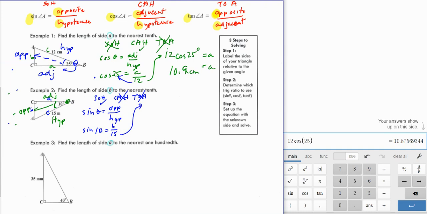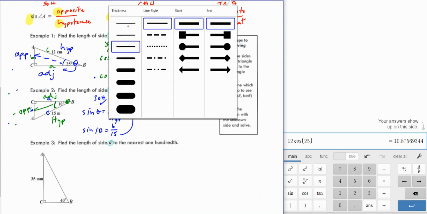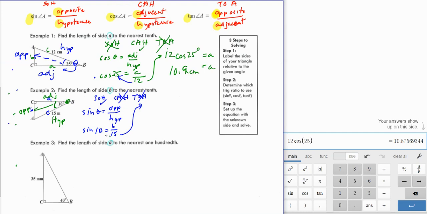We're going to cross multiply the 15 up. I better do it in a different color. I'm going to bring the 15, cross multiply. But the 15 goes out in front, remember? We have to do that. 15 sine 10 equals B that we're looking for.